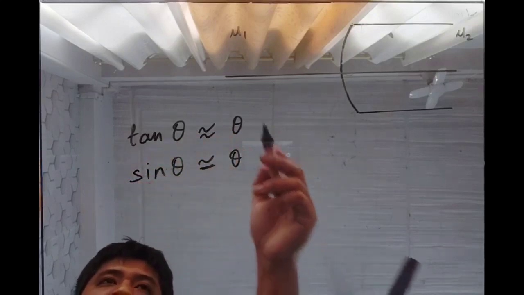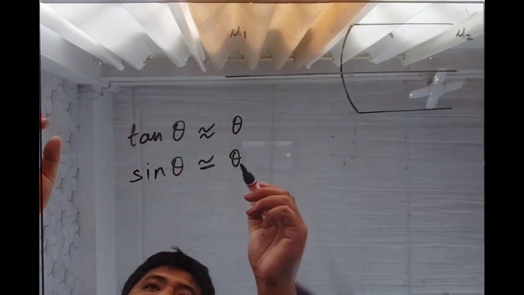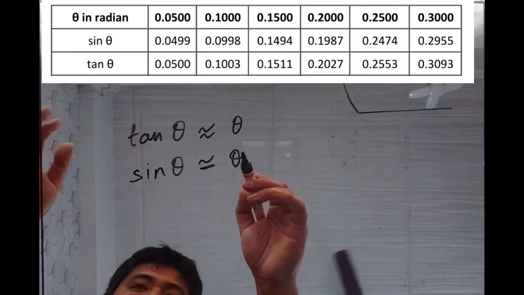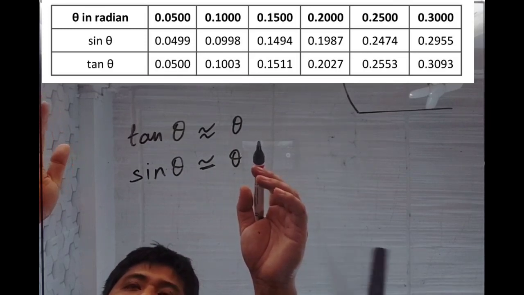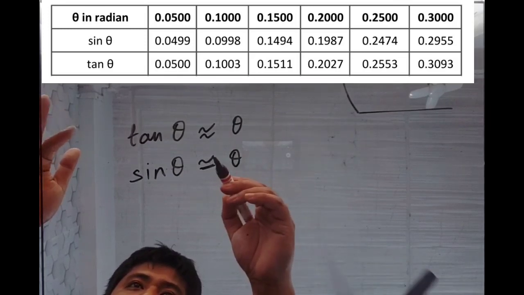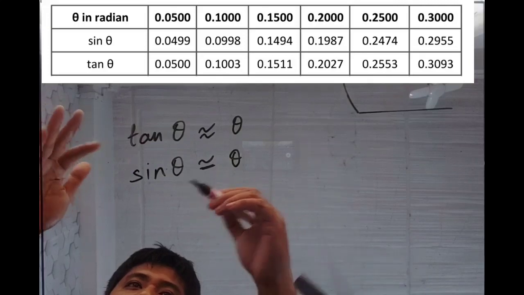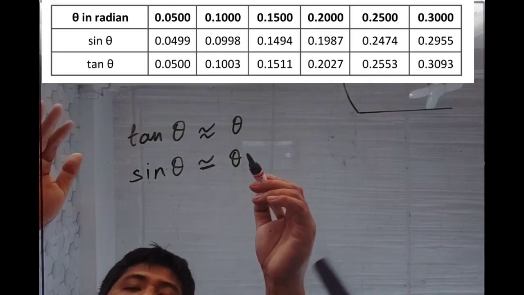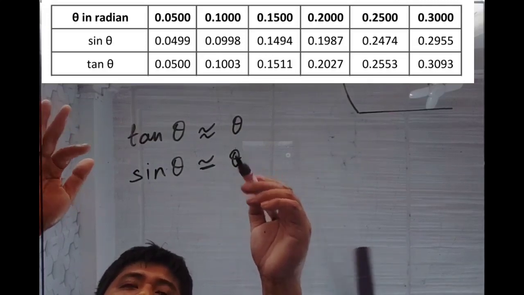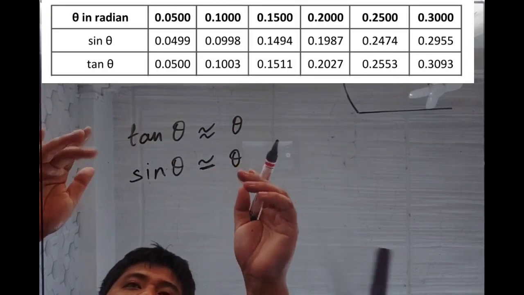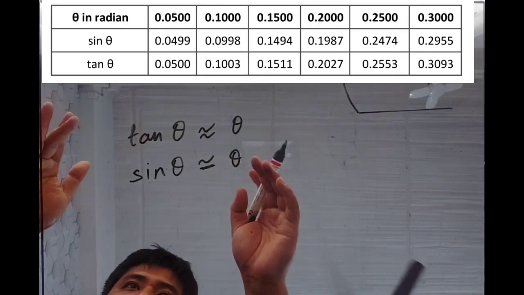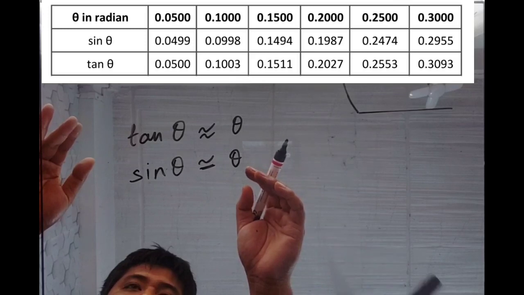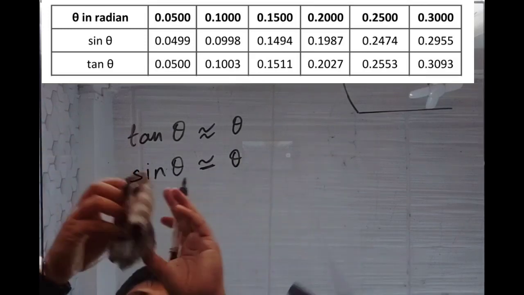This is only for approximation. If you look at this table, you will find that the values of tan theta, sine theta and theta for small angles are almost the same, but in this table the angles are measured in gradients, not in degrees.